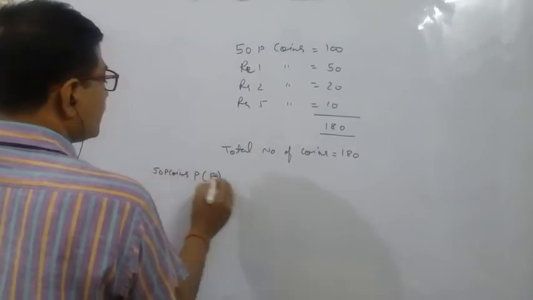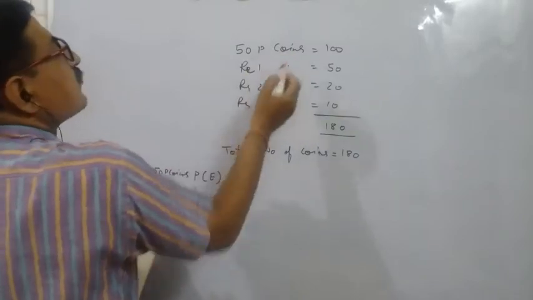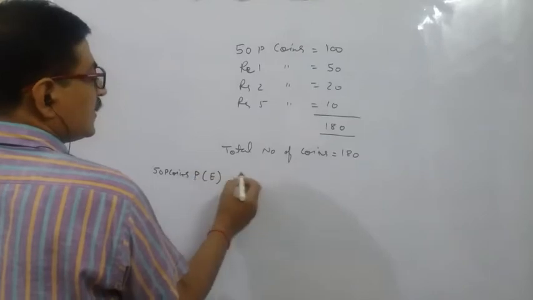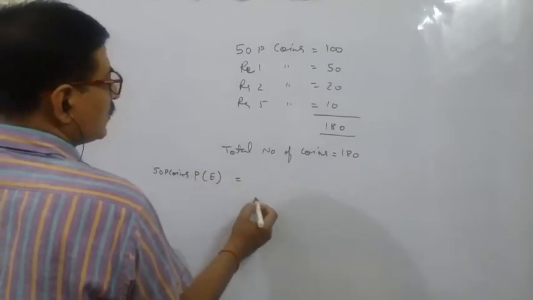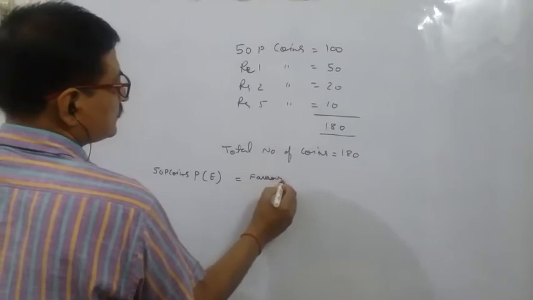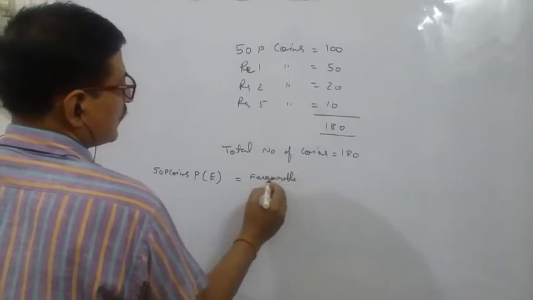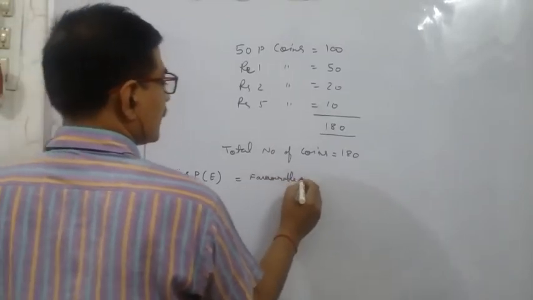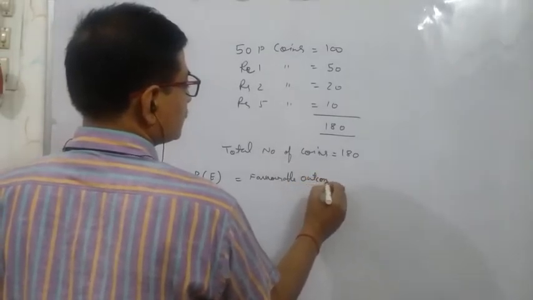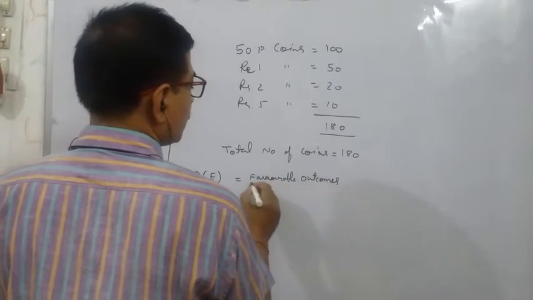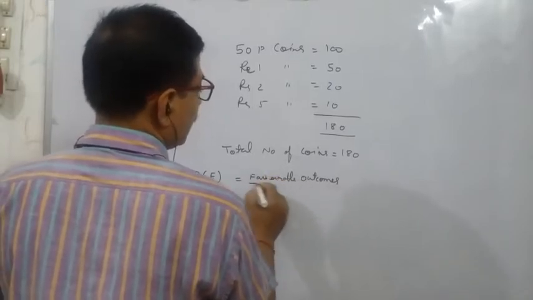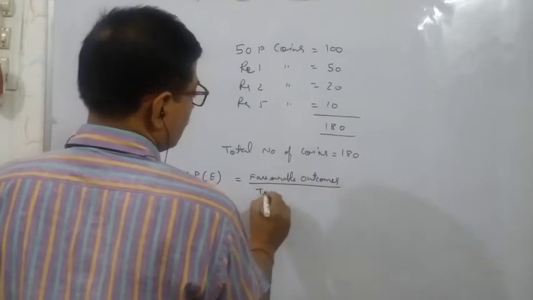You will see, students, 50 paise coins are 100. So what is the probability? It means favorable outcomes upon total outcomes.